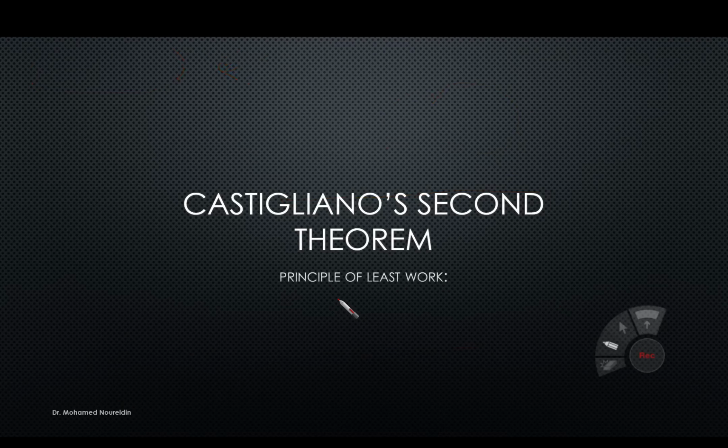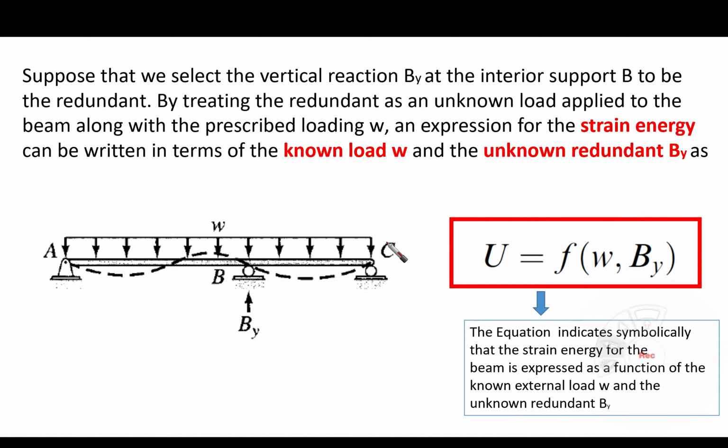Okay, now let's go to the next part. Now we're going to talk about Castigliano's second theorem. Let's talk about this theorem and understand it more. Let's start with a beam. Suppose that we have a beam, as you can see.